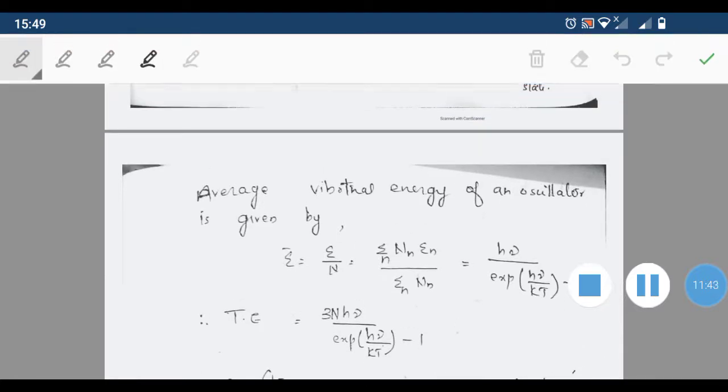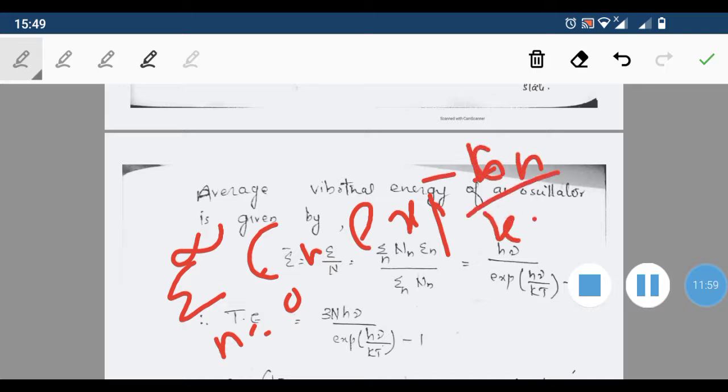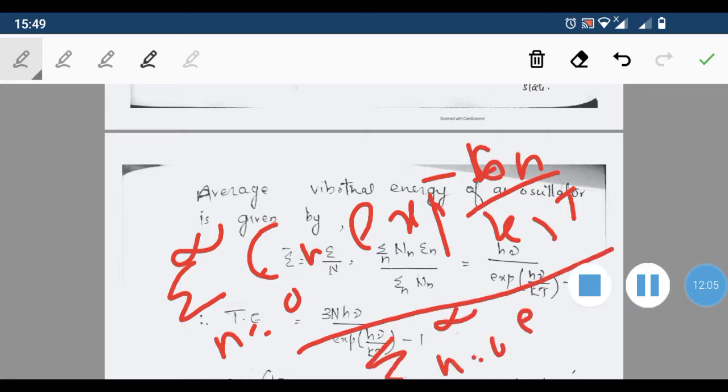Average energy is equal to the summation from n equal to 0 to infinity of En exponential minus En divided by kBT, whole divided by the summation from n equal to 0 to infinity of the same term exponential minus En divided by kBT.